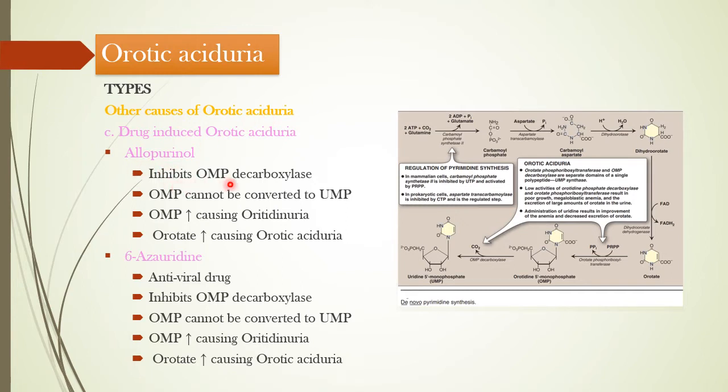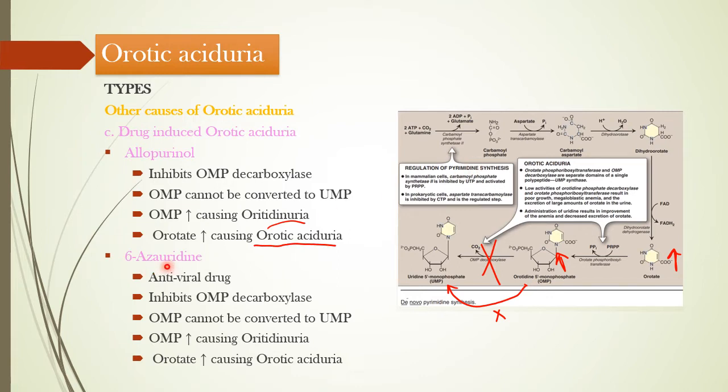Allopurinol may inhibit the OMP decarboxylase enzyme. So as you know, if OMP decarboxylase is defective, then OMP cannot be converted into UMP, as a result of which there is a high level of OMP, which may result in orotidinuria. And ultimately there will be a high level of orotic acid as well, eventually leading to orotic aciduria.